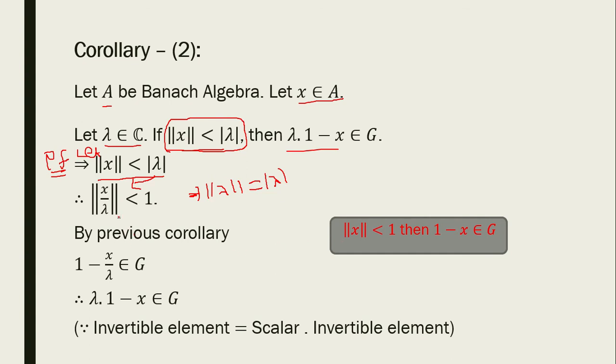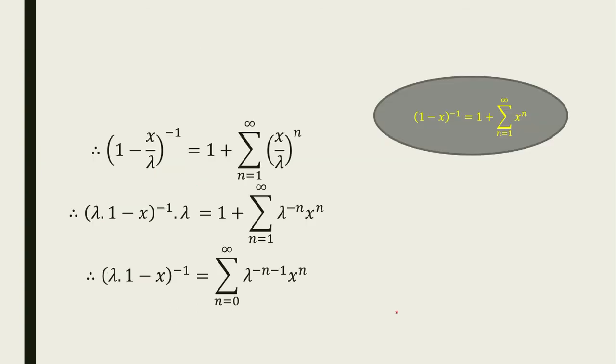So multiplying by lambda, lambda minus x belongs to G, because an invertible element is equal to a scalar into an invertible element. Now in corollary 1, here in place of x we put x upon lambda. So here x raised to n becomes (x upon lambda) raised to n.